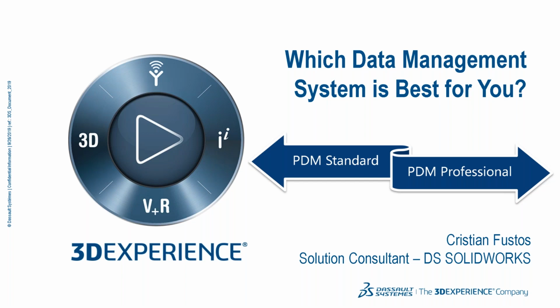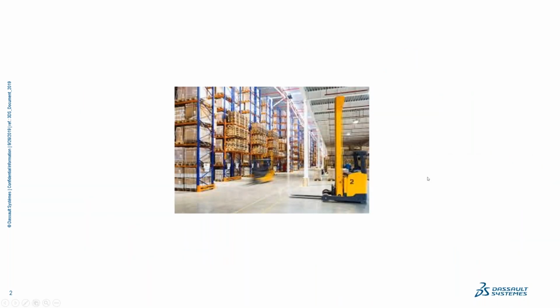So you have been using SolidWorks PDM Standard for a while, and you maybe wonder what you can do to take PDM to the next level, and what some advantages to do so would be. As I mentioned, I worked in a production environment, and we used SolidWorks PDM Professional. The way we implemented and configured the system, it was across the entire company, all of the departments, including even the warehouse.